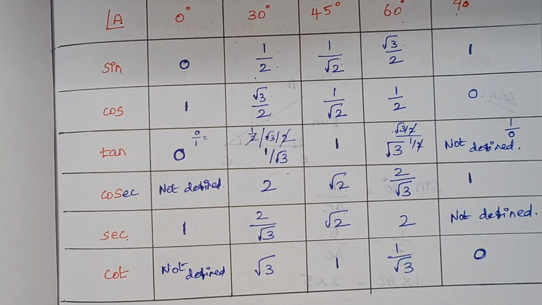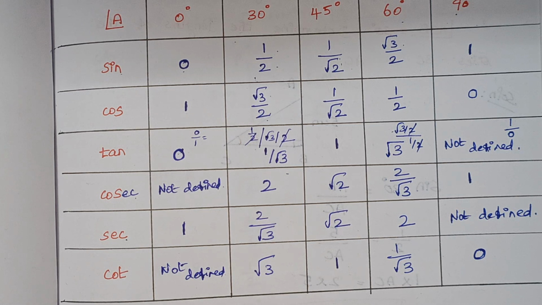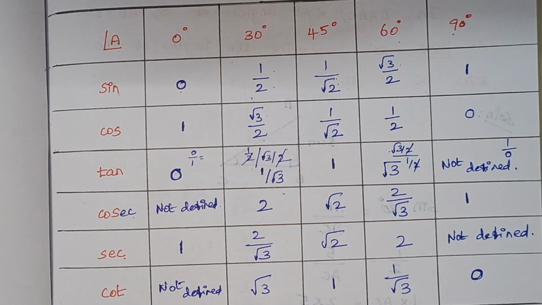So this tabulation is the basis for solving further trigonometric problems. Not only in this exercise or in this chapter 8, we will be using these tabulation values in chapter 9 also, I believe. Right. So it is very easy to remember.